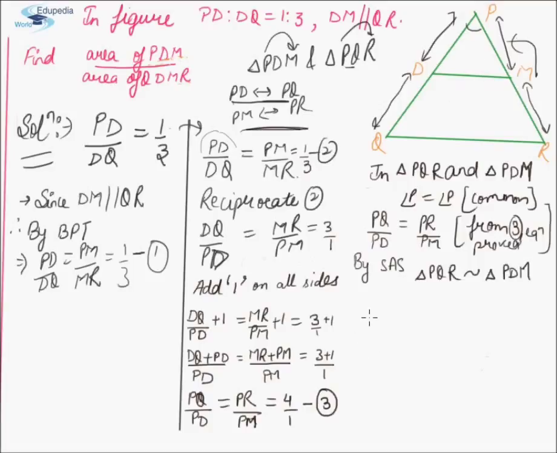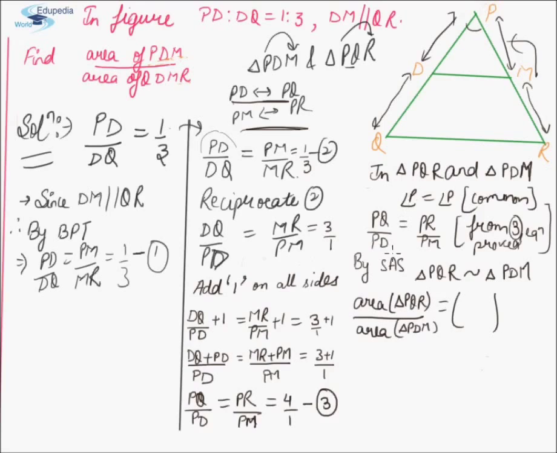Since the triangles are similar, the ratio of their areas will be equal to the ratio of their corresponding sides. Thus, we can say that the ratio of the area of triangle PQR over the area of triangle PDM will be equal to the ratio of the corresponding sides.